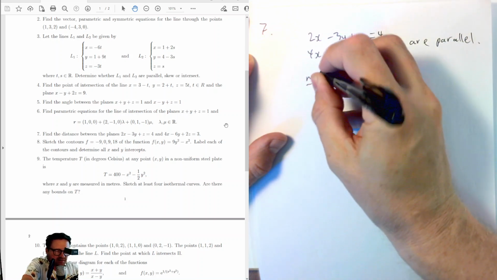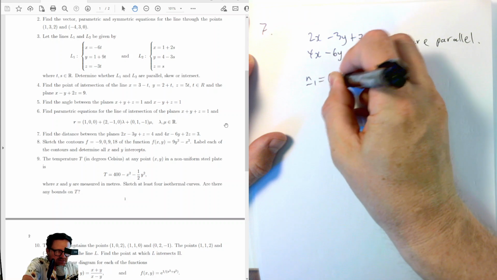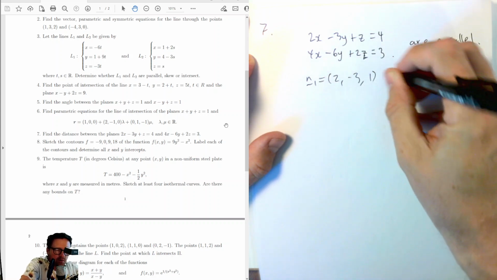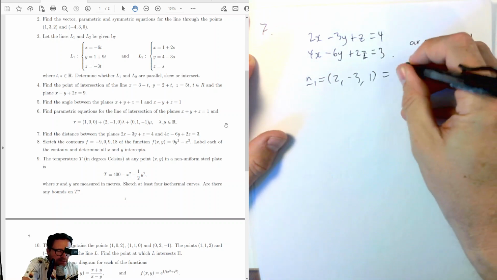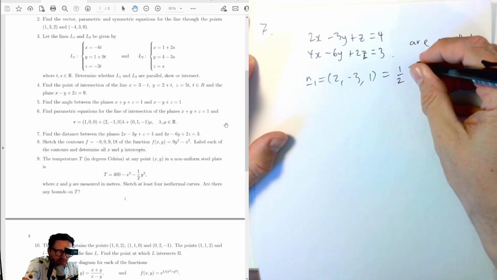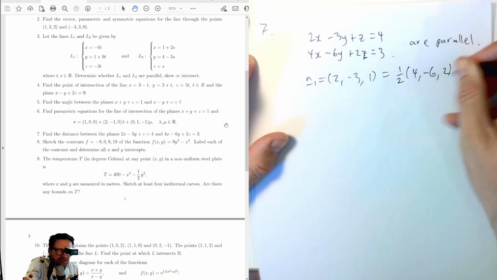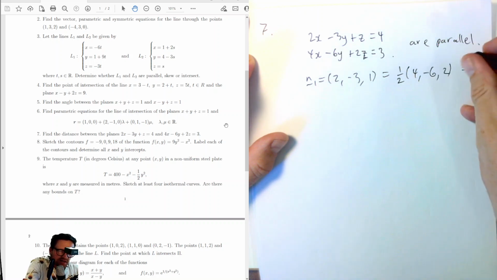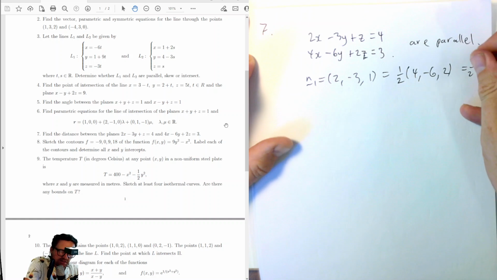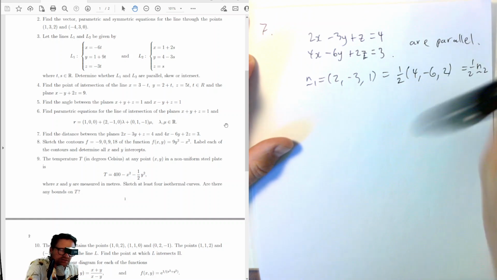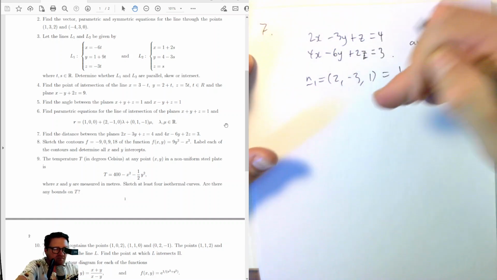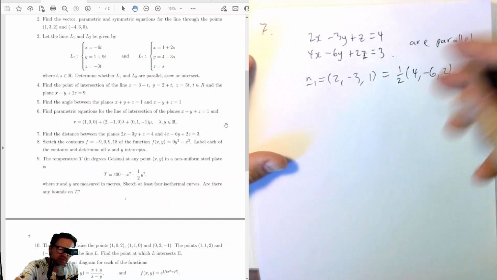Because the normal vectors, so n1 is (2, -3, 1), is 1/2 of the other normal vector, (4, -6, 2), and so this one right here is the second normal vector, n2. All right, so these two have parallel normal vectors, so the planes are parallel.